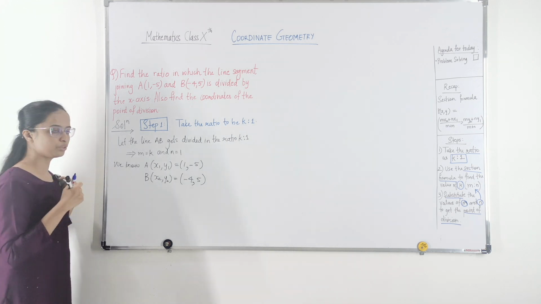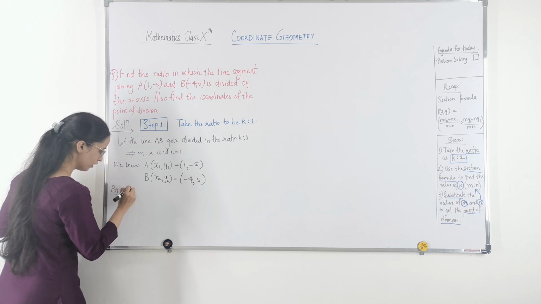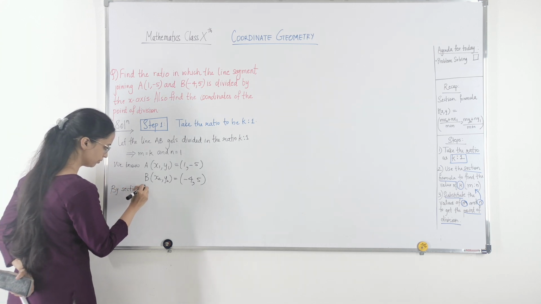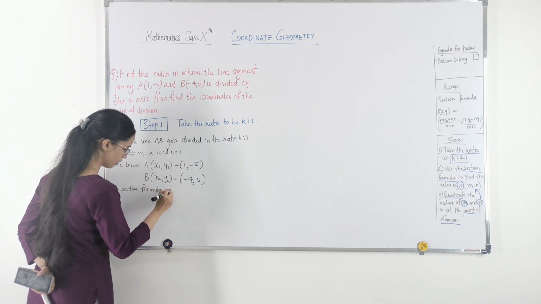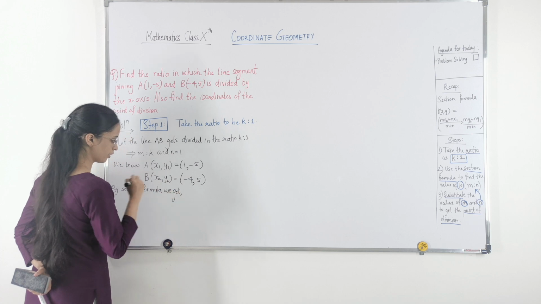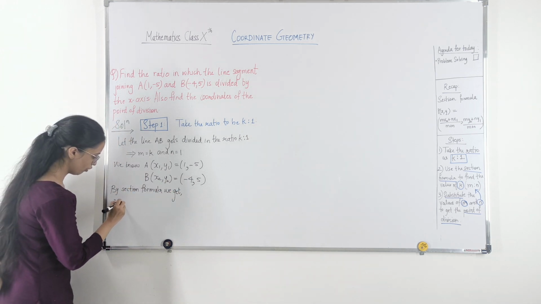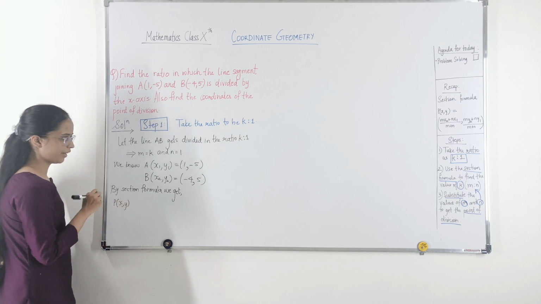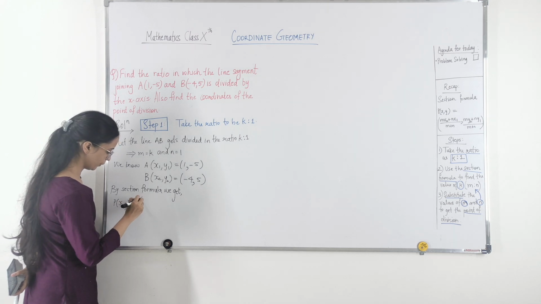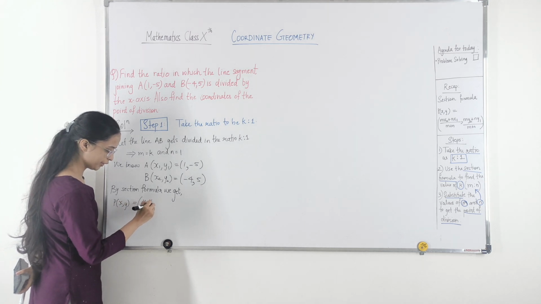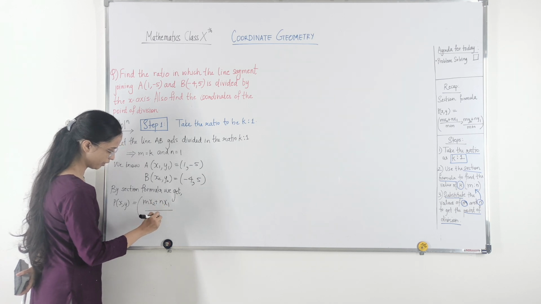Now you are supposed to use the section formula. So by section formula, we get P of x comma y, where P of x comma y would be the point of division, is equal to m into x2 plus n into x1 upon m plus n.